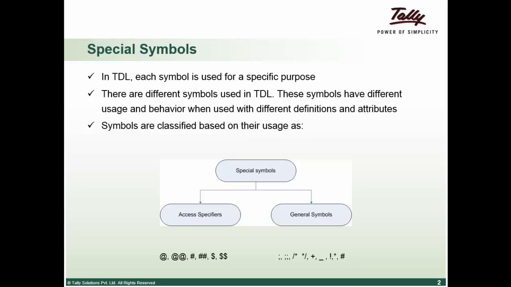Some special symbols are used as access specifiers and mainly are used for accessing the value of a method or a variable, field, formula, and some are for general purposes, like for giving a comment or for adding or subtracting. So we have two categories: access specifiers and general symbols.